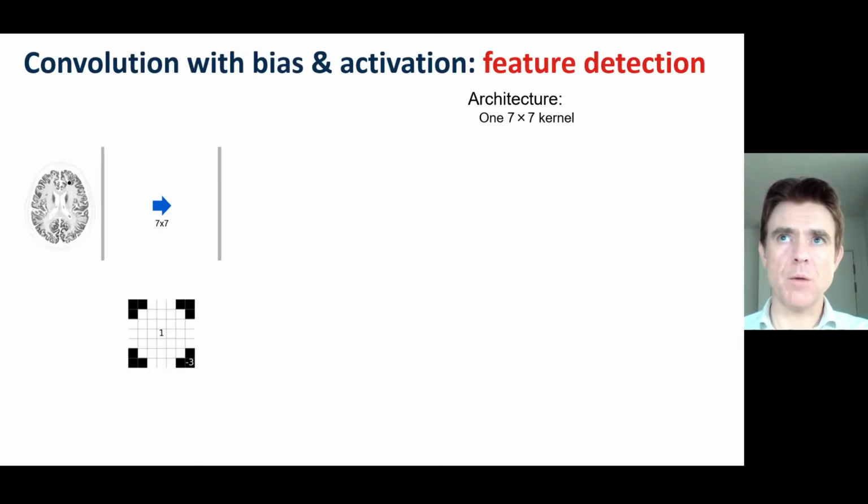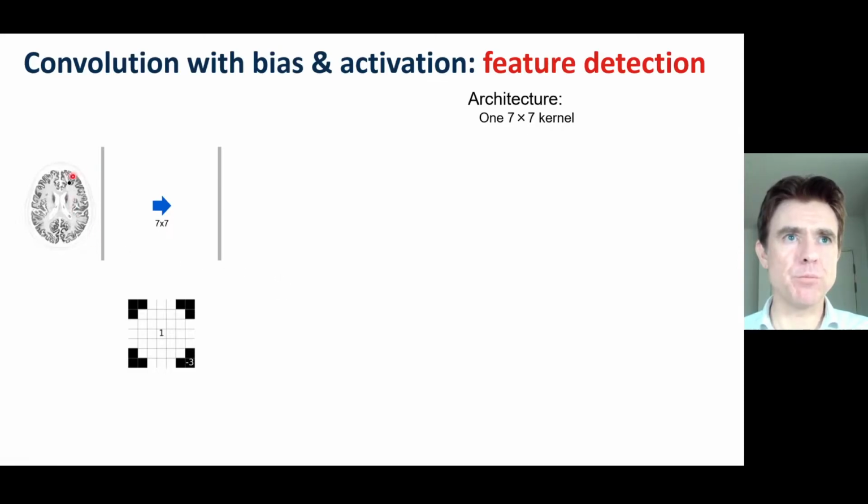Also though, these kernels, when used with non-linearities, for example what are called activation functions, effectively the one you need to really know about would be the ReLU function, which we'll touch on in a moment. These convolution processes can also act as feature detectors, which is going to be a very crucial concept to understand.